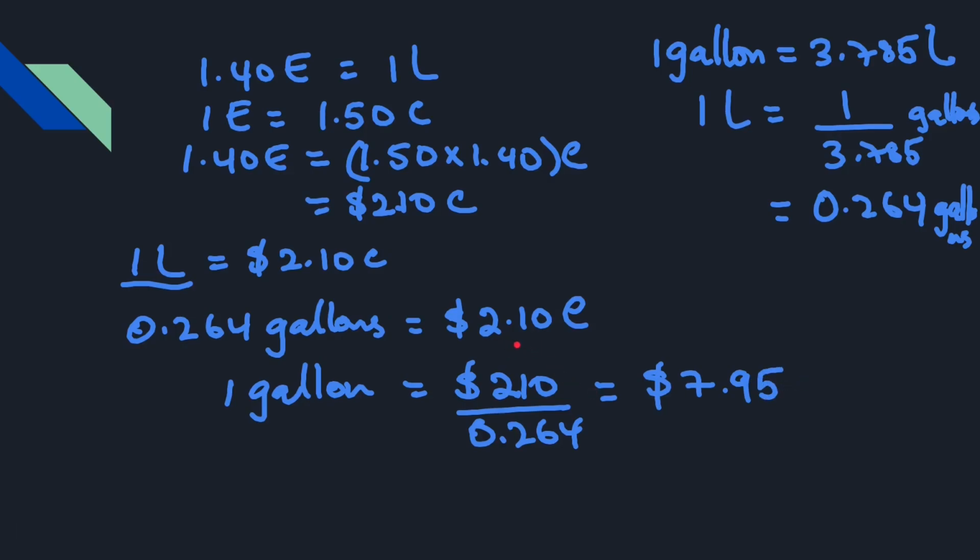So what we're doing here is we're finding out the unit price of the gasoline. So all I had to do was take the amount of money that the quantity is worth, and divide that money by the quantity, and I would be able to get the cost of 1 gallon, which in this case is $7.95.